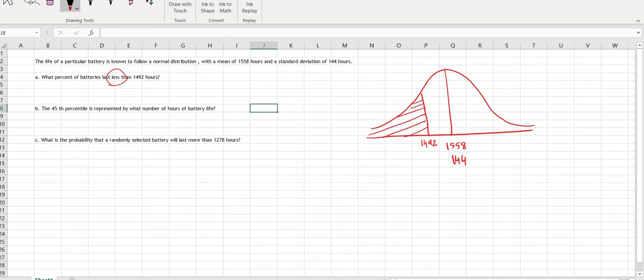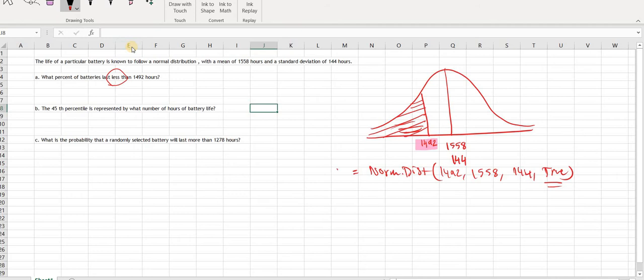To find that percent, I can use the function NORM.DIST of the number 1492, comma, the mean 1558, comma, the standard deviation, comma, true, because I need to cumulate all of that. It's always true for the normal distribution.